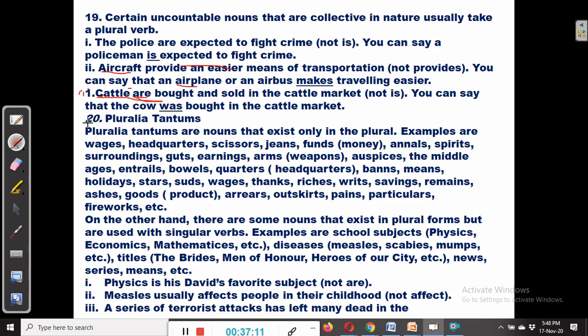Okay, now rule number 20 refers to pluralia tantums. Pluralia tantums are nouns that exist only in the plural.